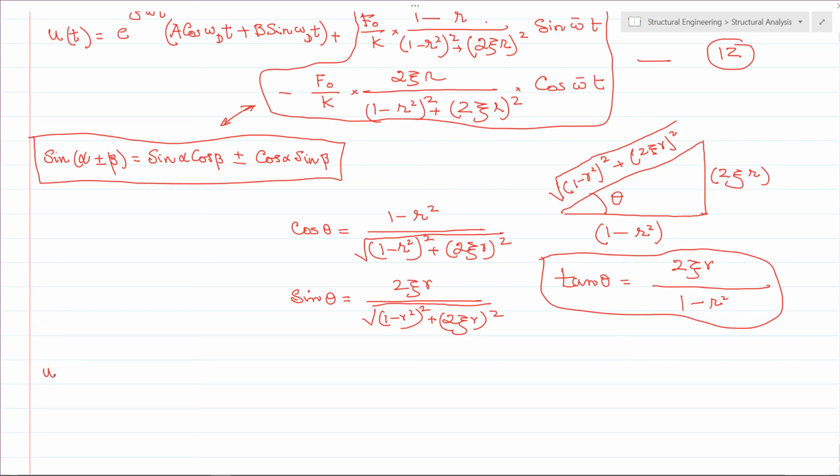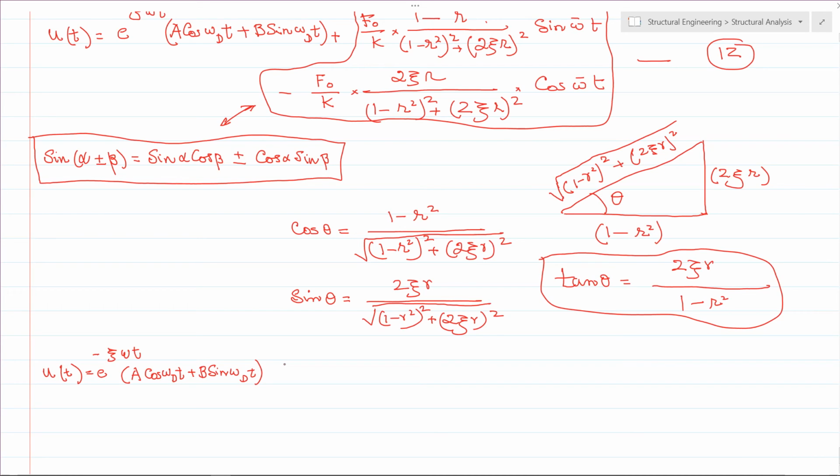So my equation u of t is equal to e raised to the power minus xi omega t into (A cos omega d t plus B sine omega d t).